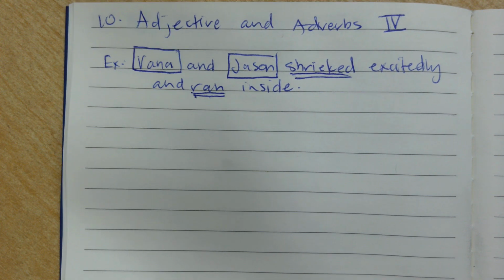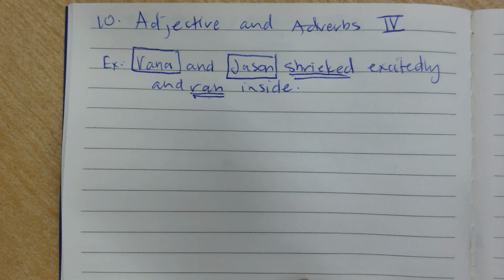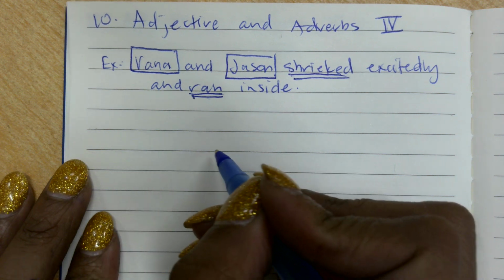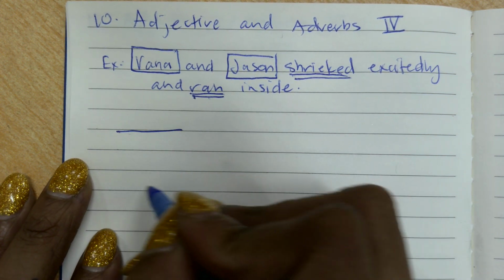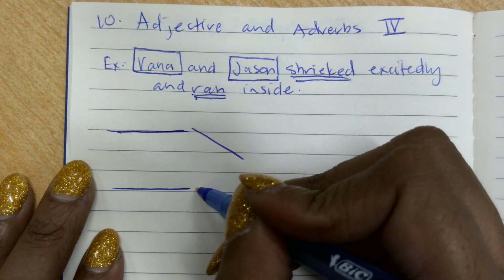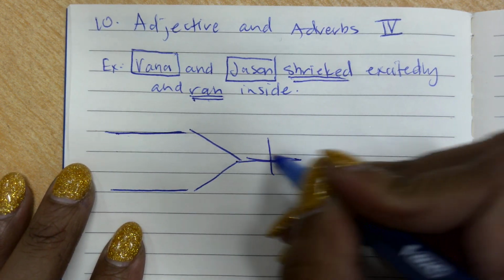Okay, and then we still have other parts of the sentence. Remember, these are called our modifiers. So let's start with our basic diagram. Draw your baseline. Because we have the two subjects, of course, we need the forked lines.